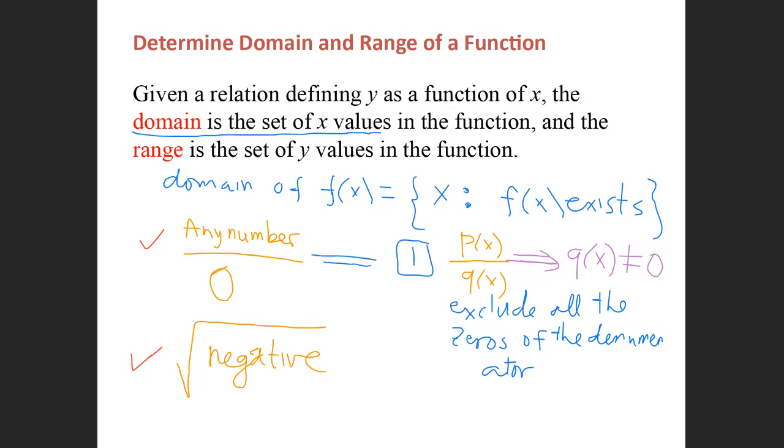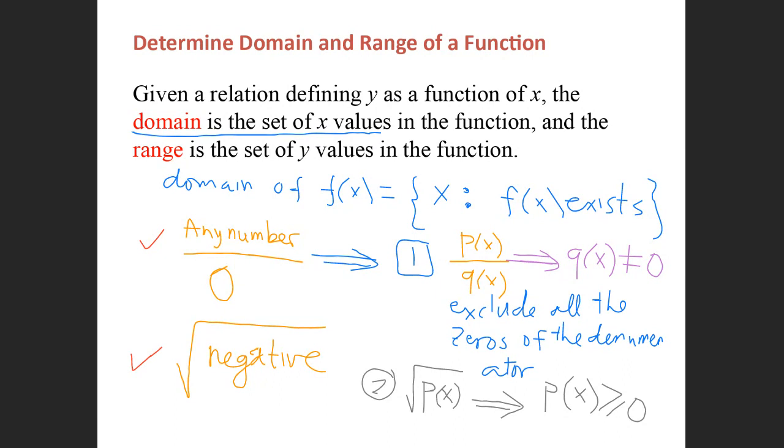The second case, if we have the radical of a certain function, p of x. What I should do is solve p of x greater than or equal to 0.